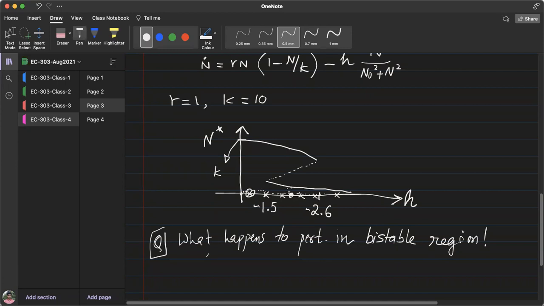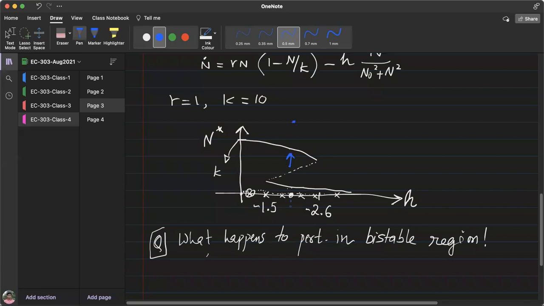Whereas a perturbation that crosses this unstable equilibrium, if the initial perturbation was here, what do you expect in the mean field model? Lower branch or the upper branch? Upper branch, right? If the perturbation was somewhere here, upper branch.